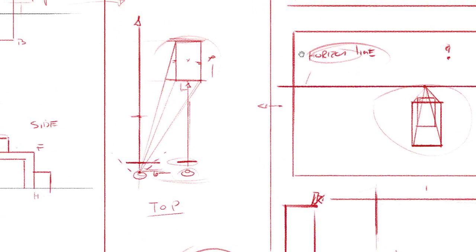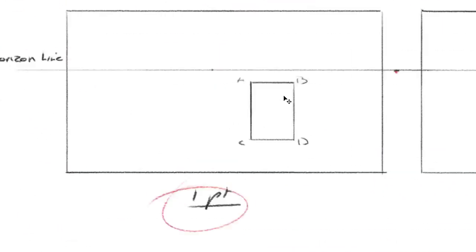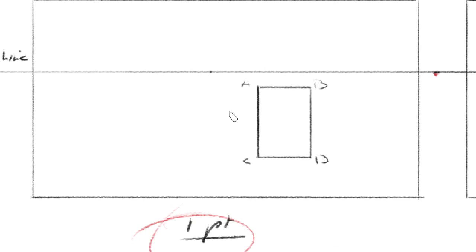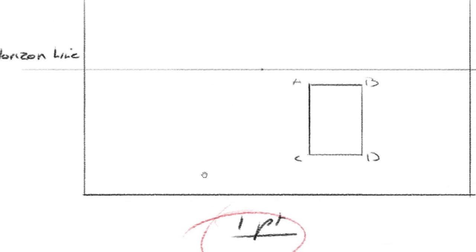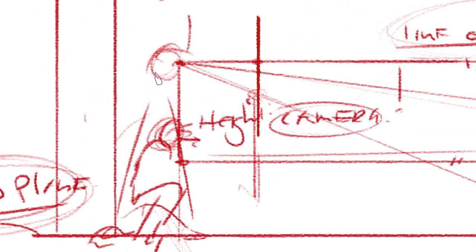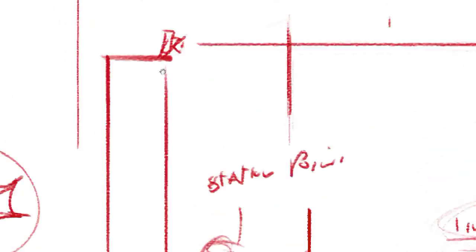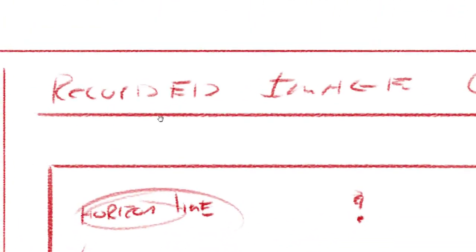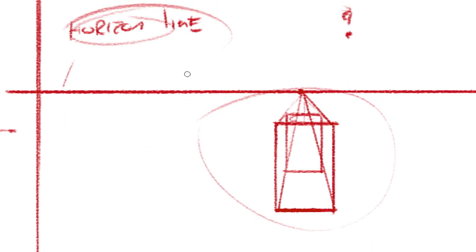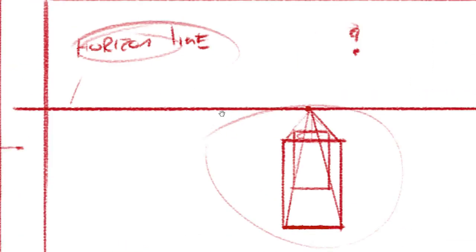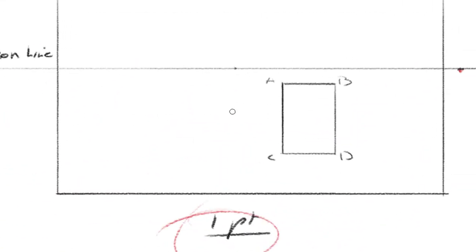Alright, so let's see what happens. Okay, there's my rectangle, there's my vanishing point that shifted. The horizon line, we're going to use the standard guy here. It's not the crouched one and it's not the high above one, but obviously you can play around with those settings. I just want to show you guys the convergence.